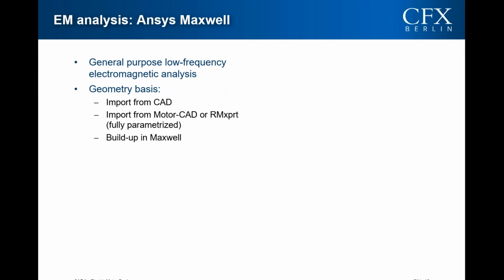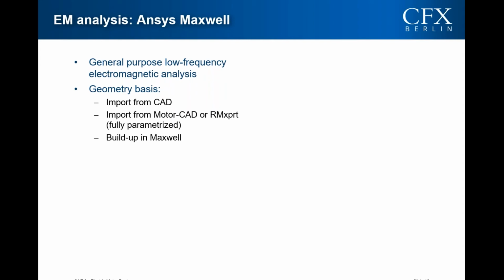So we neglect electromagnetic wave propagation. This assumption is okay if your geometry is much smaller than the wavelength of the signal you have. For higher frequencies in the megahertz region and above, there are special solvers like HFSS that are used in antenna design, for example.